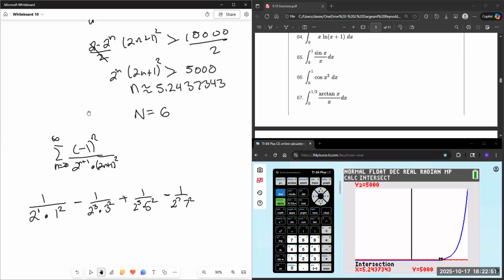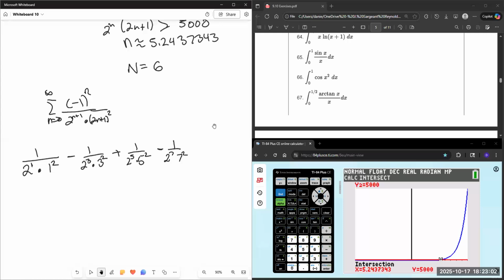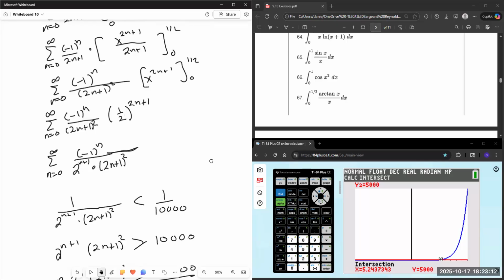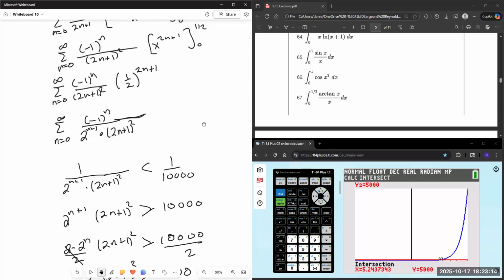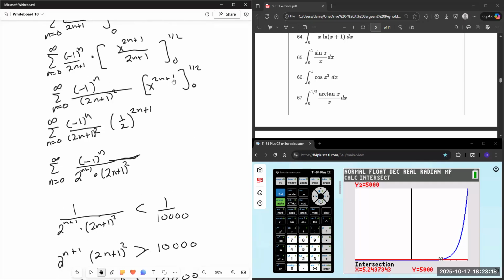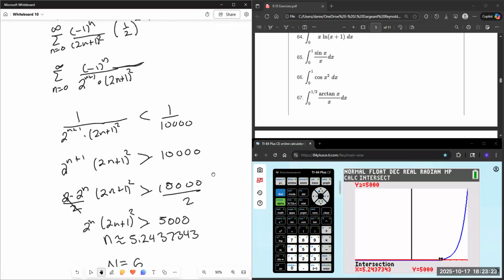Now, how does that incorporate with this here? I didn't write my powers here, but this is my x^(2n+1). So my powers were always odd powers.